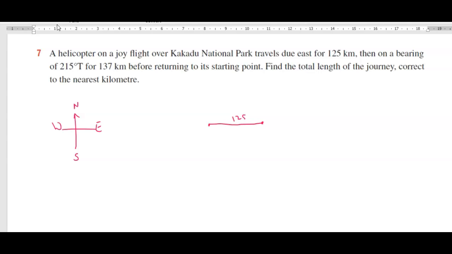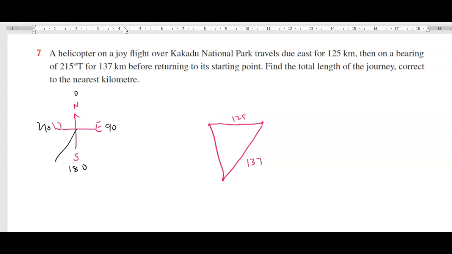So starting at 0, 90, 180, 270, 215 is going to be down this way. So it's going down for 137, so it's a little bit longer, before returning to its starting point.